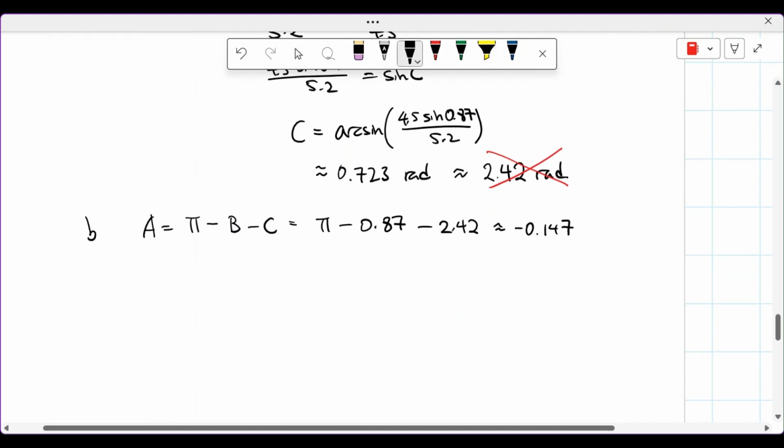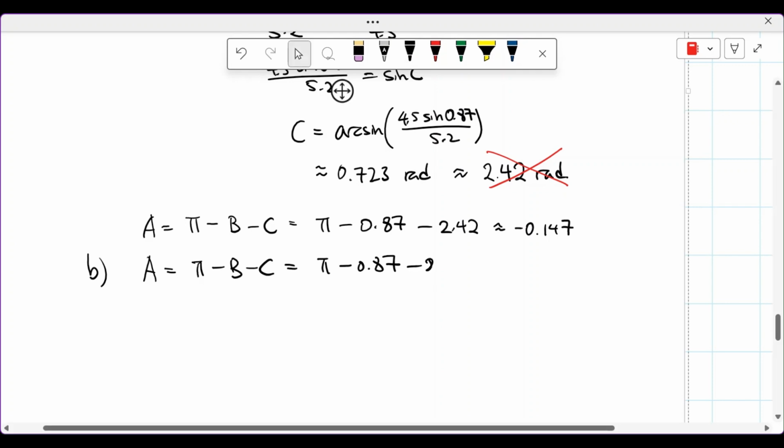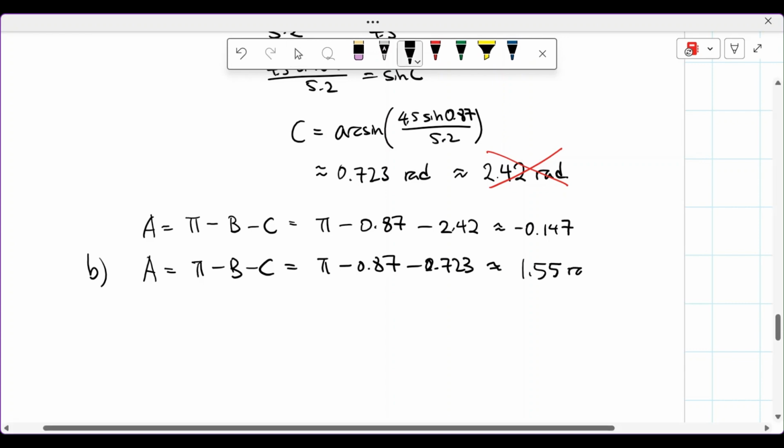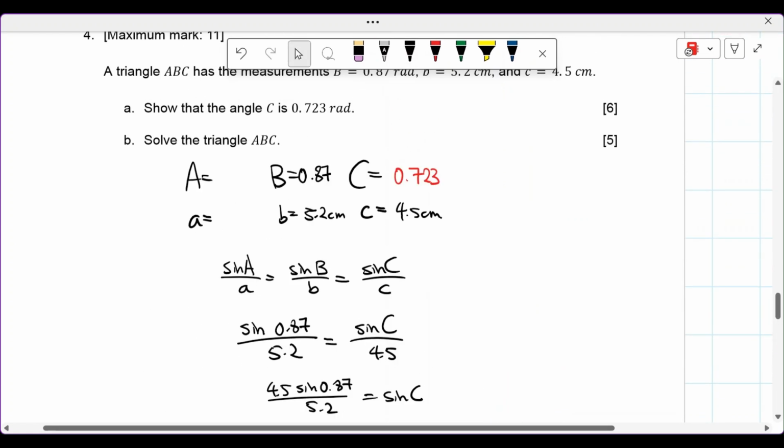Like we did just before, we can find the A by doing pi minus B minus C, which is pi minus 0.87 minus 0.723, which is approximately 1.55 radian. So that's easy, piece of cake.